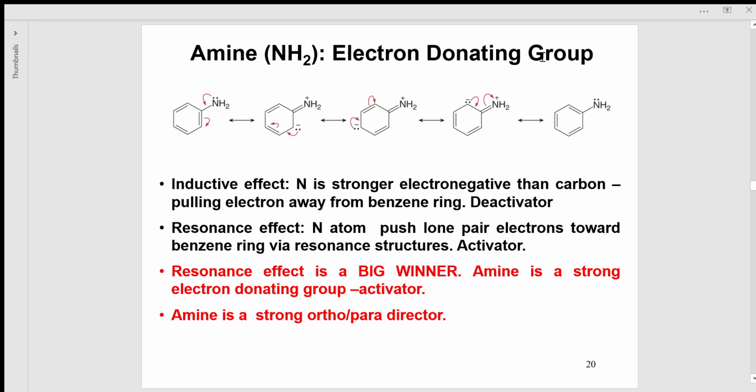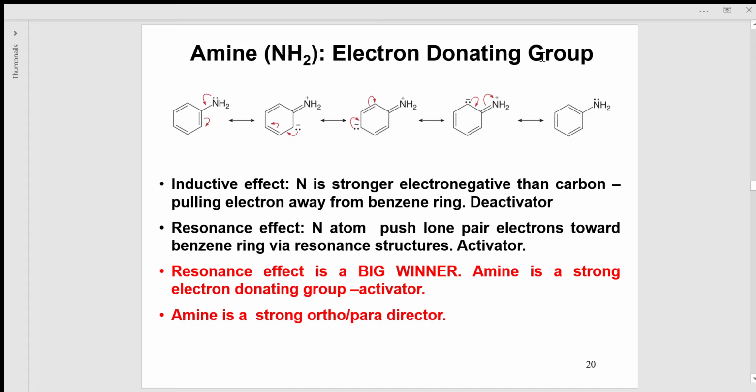I remember when I was at your age, I was really confused by this chapter, by groups like the amine group and the nitro group. Are they electron donating or electron withdrawing? I don't want you to be confused. I want to make this very clear.